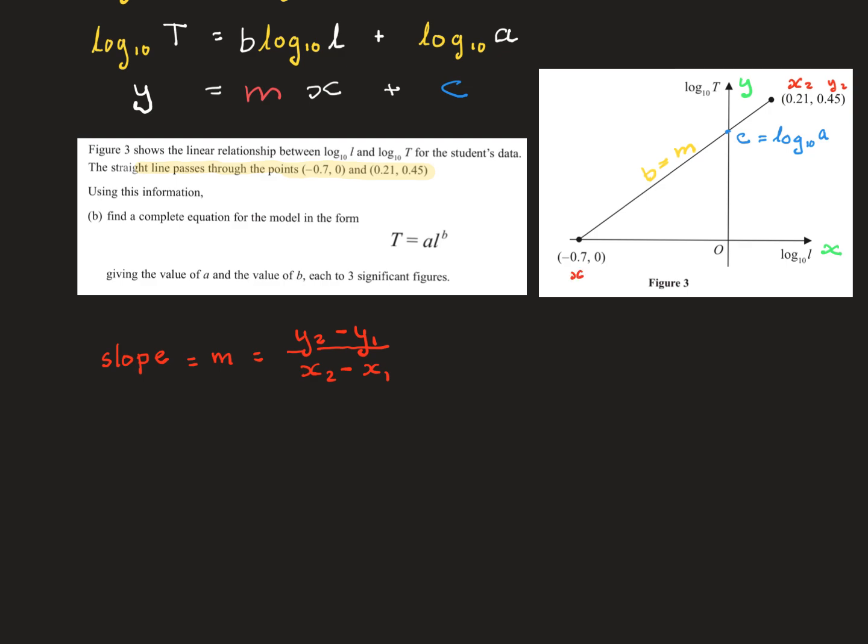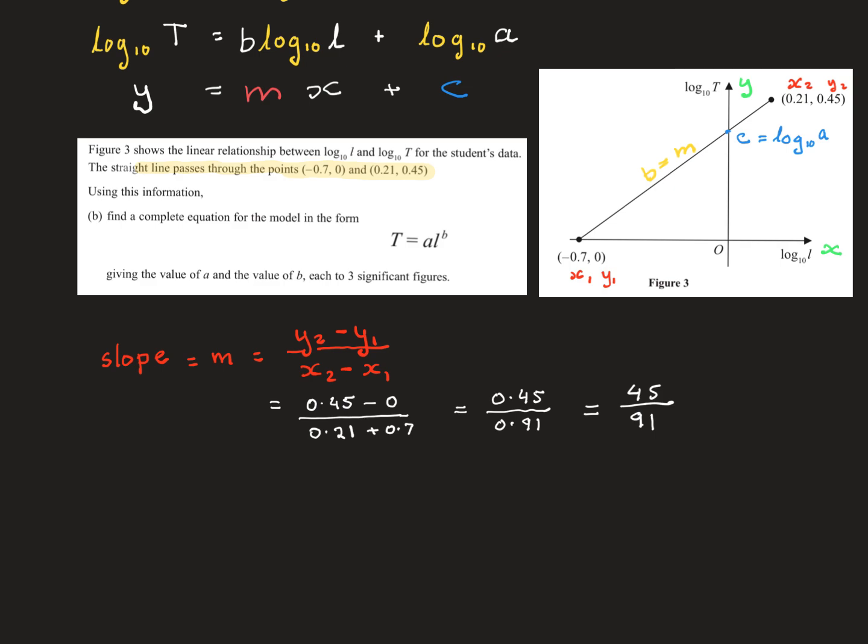Similarly, x1 will be minus 0.7 and y1 will be 0. Using those values, we can substitute. And since this is a ratio and decimals are not nice, I'll just move it to 45 over 91.